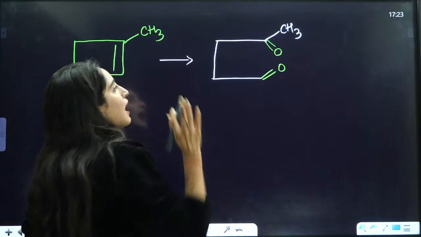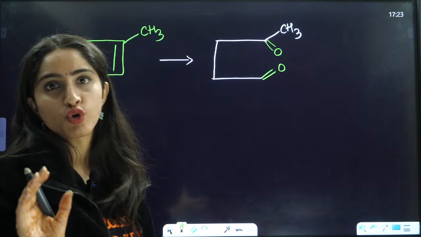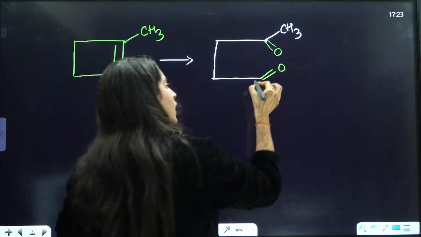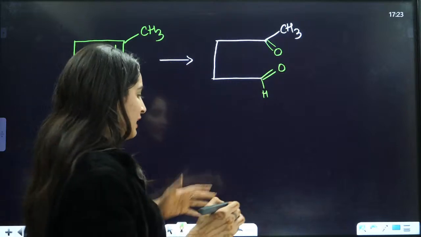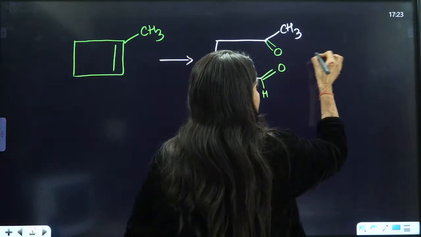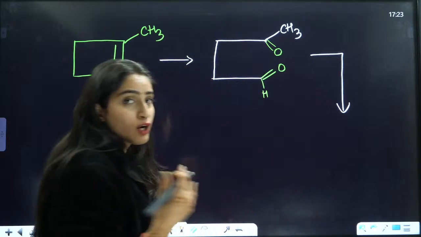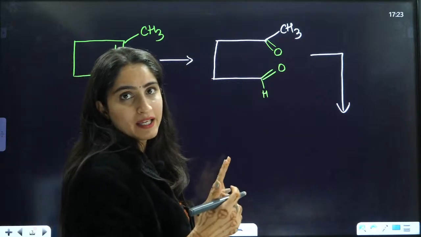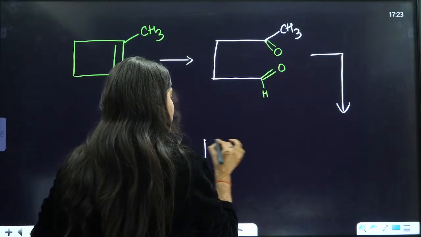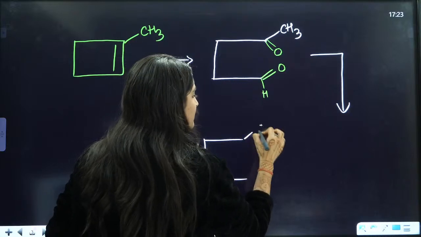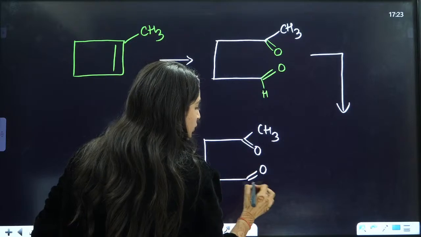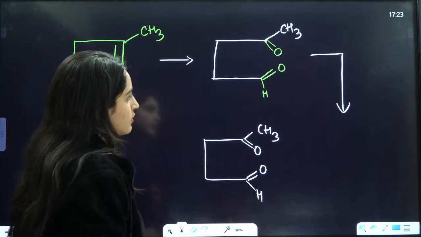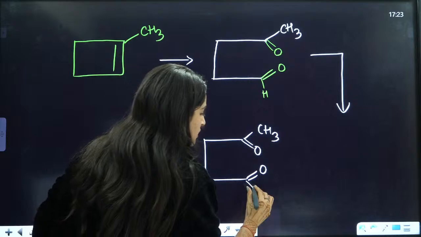Now, this is the answer for reductive ozonolysis, right? But I also have one hydrogen over here. Here I don't have any hydrogen. So for the further oxidation, this hydrogen will be replaced by OH. So the answer will be: this is CH3, this is double bond O, this is double bond O, and this is OH, right?